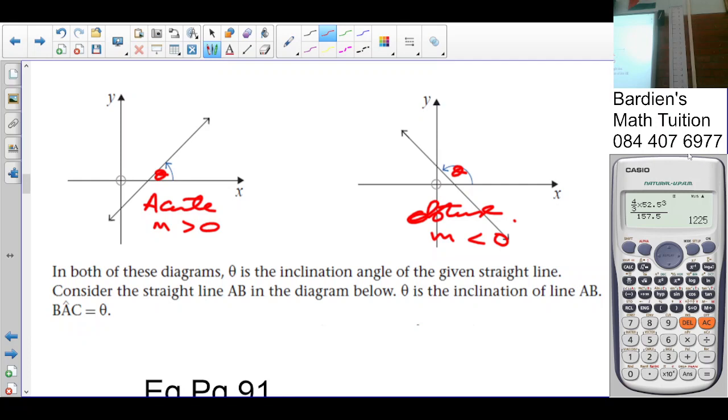Make that note. What does acute mean? Acute means the angle is less than 90 degrees, and obtuse is greater than 90 but less than 180.